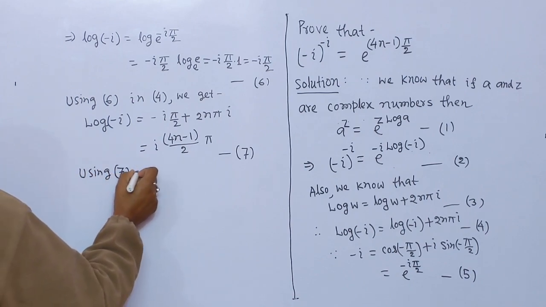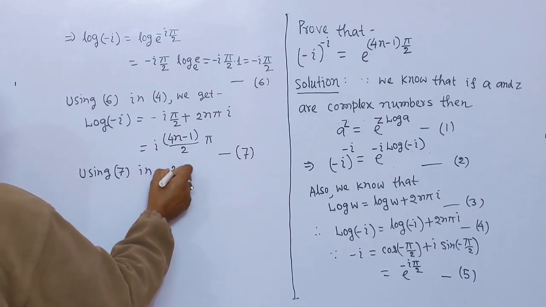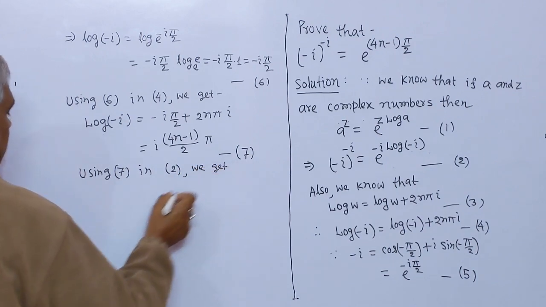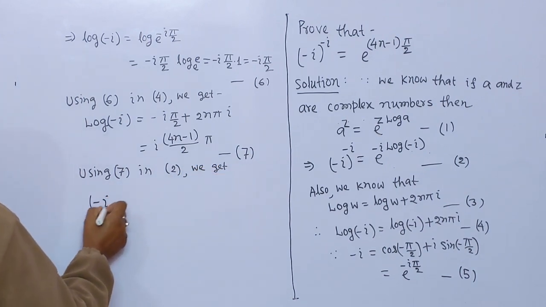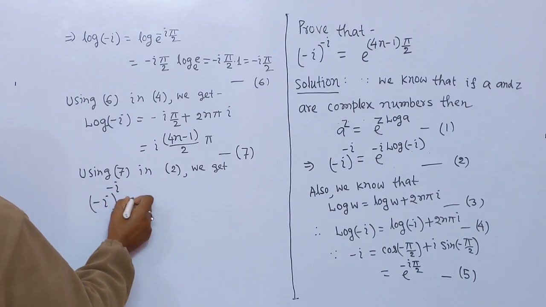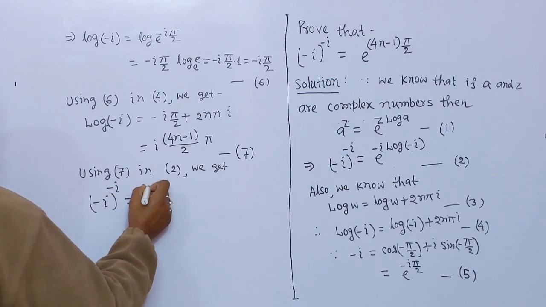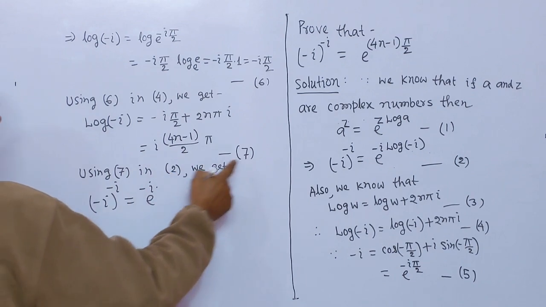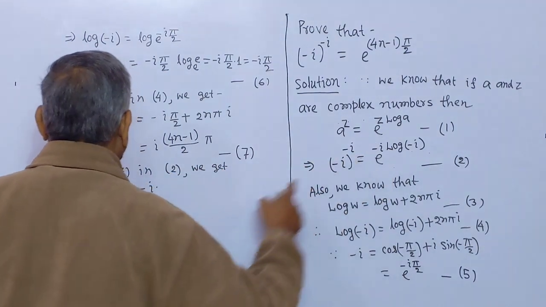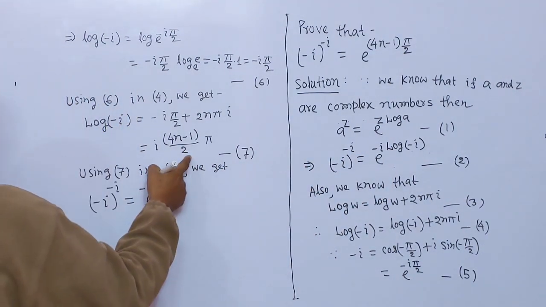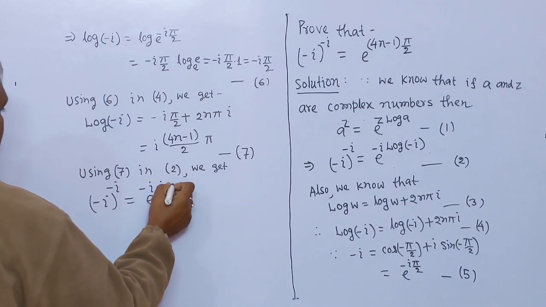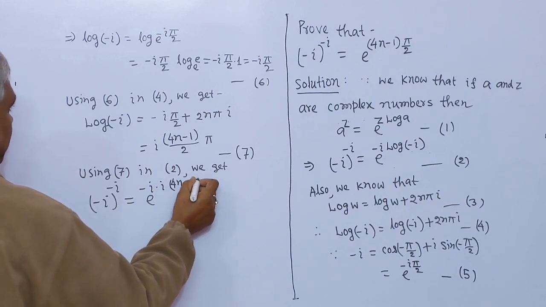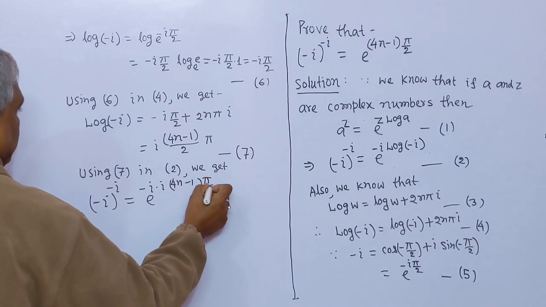Using 7 in 2, we get (-i)^(-i) = e^(-i multiply Log(-i)) = e^(-i multiply i(4n-1)π/2).